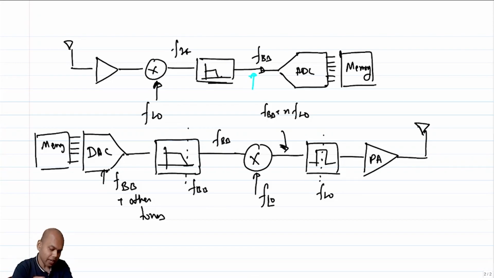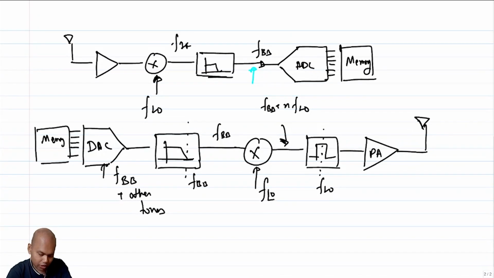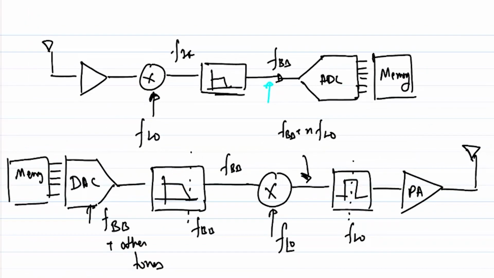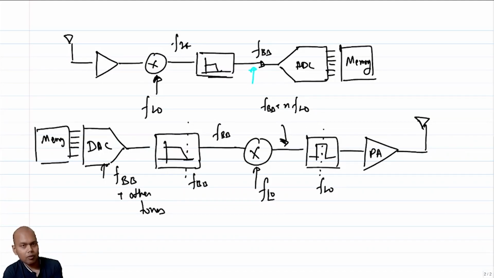Now, just like in a receiver, we saw an issue with image reject, where the image frequency gets down converted. Here we can have a problem where the image takes up spectrum while transmitting. Why?